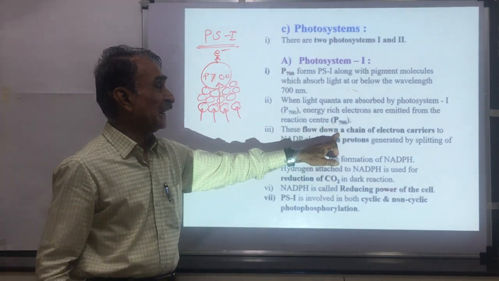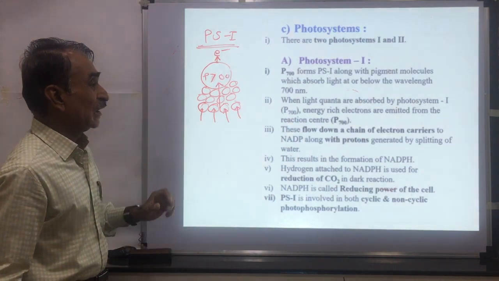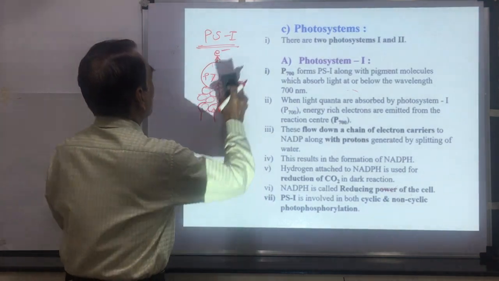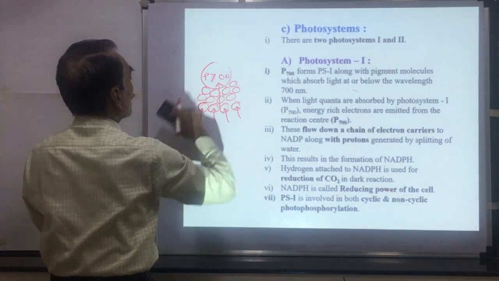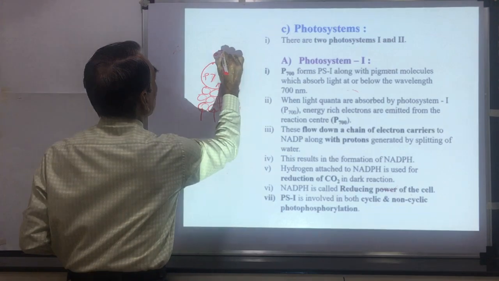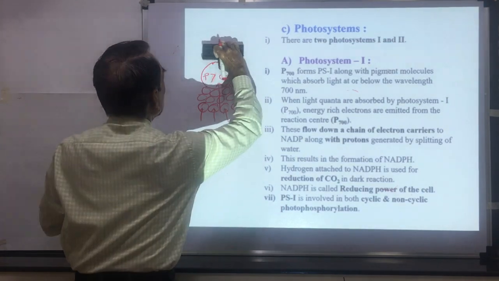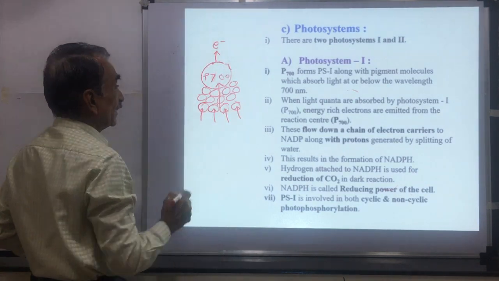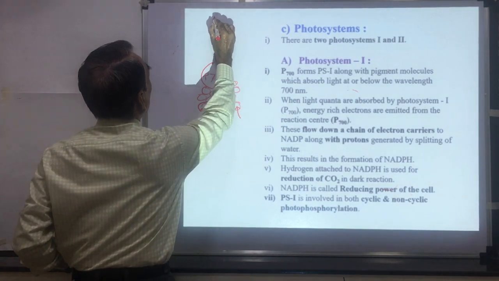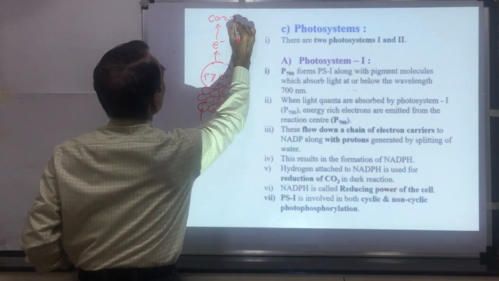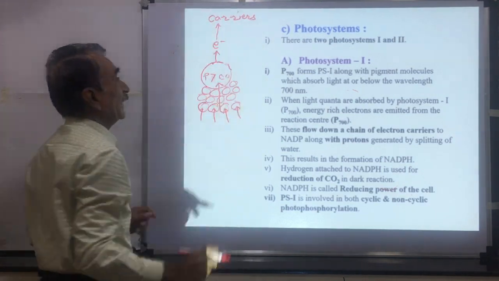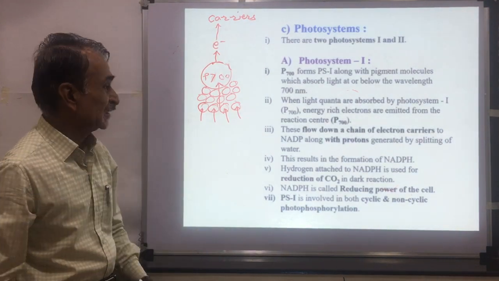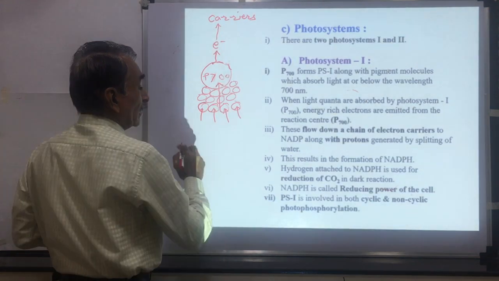These flow down a chain of electron carriers to NADP along with protons generated by the splitting of water. We shall see the meaning of this. Here these electrons are given out. The excess amount of energy is given out along with the electrons. These electrons are accepted by a chain of electron carriers and passed to NADP.